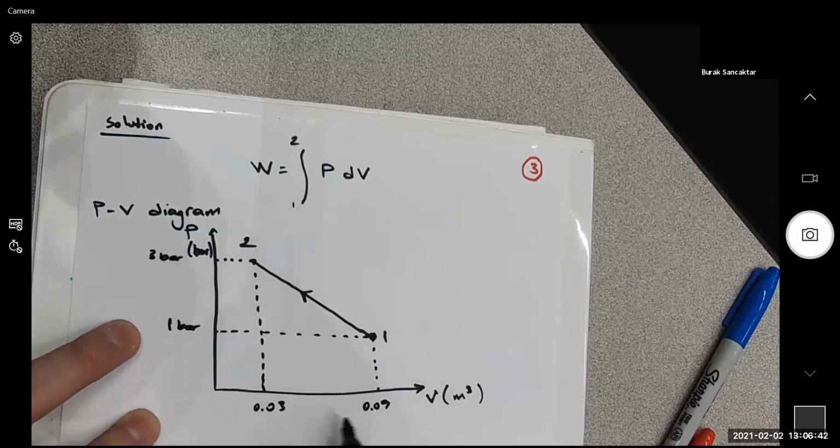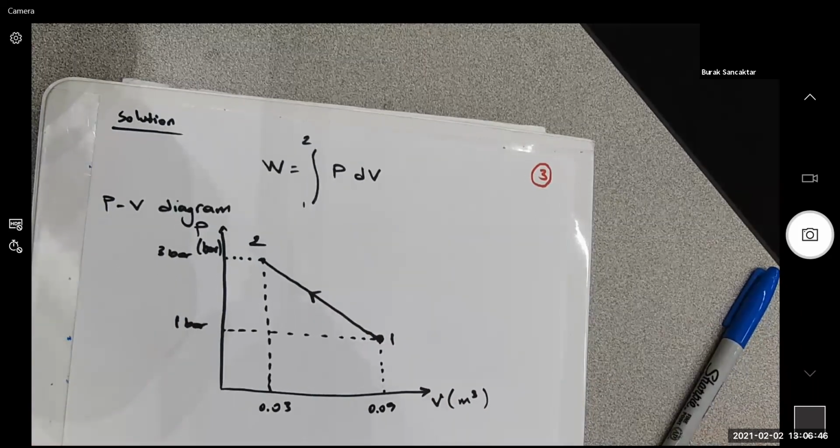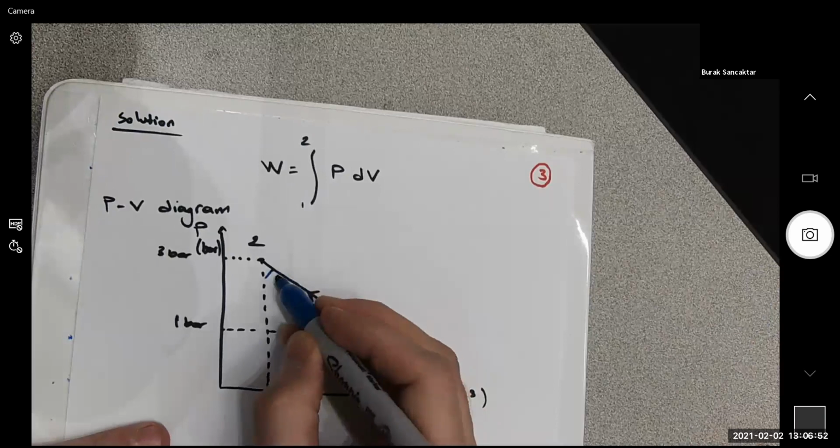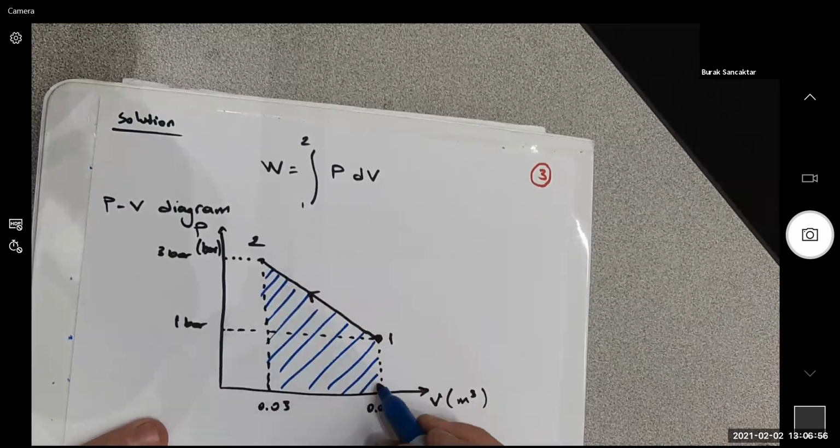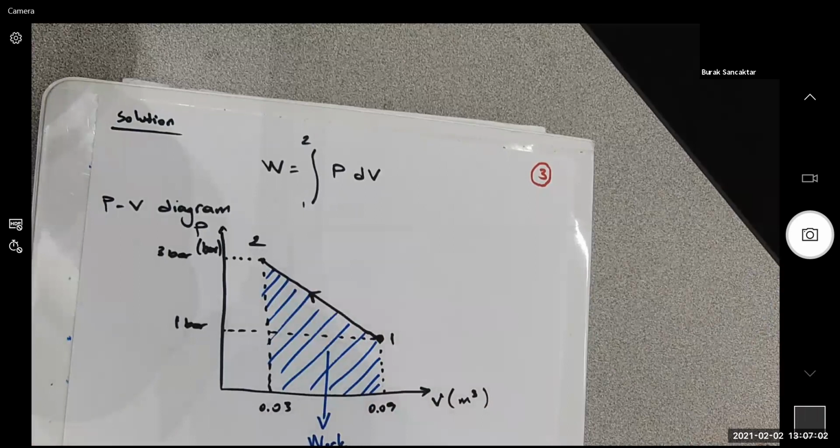Okay, so both meet. This is my compression work, the area under the process line. Let's calculate that.